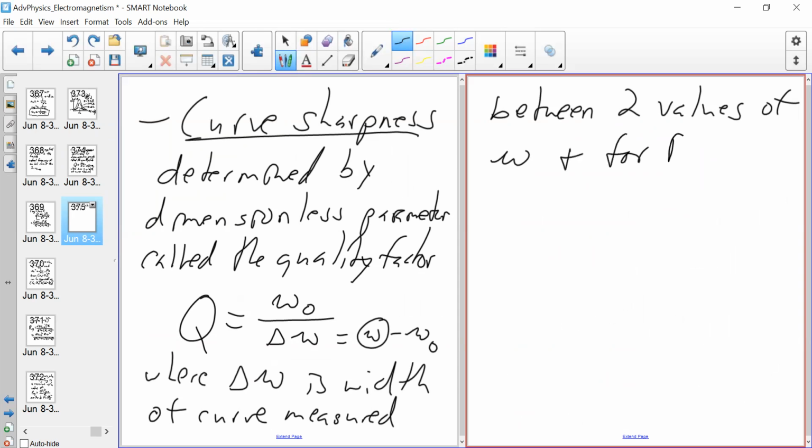And for the average power, this width for average power is 1/2 of its maximum value. So whatever the maximum average power is, this width is 1/2 of that.